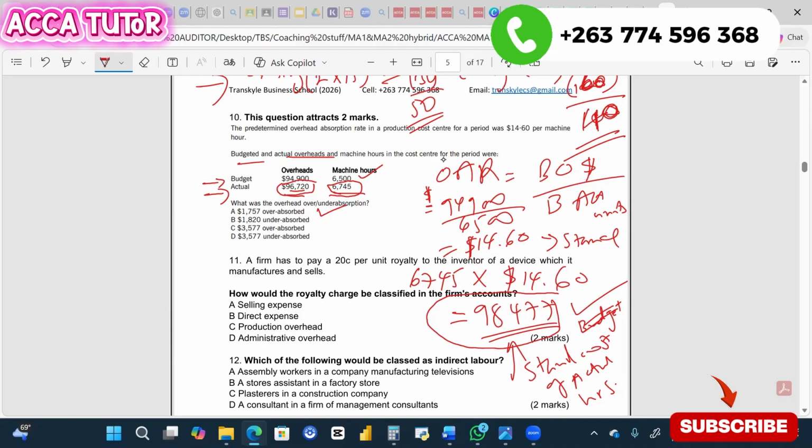Remember, these are the actual hours, and this is the actual cost, actual cost versus actual activity.